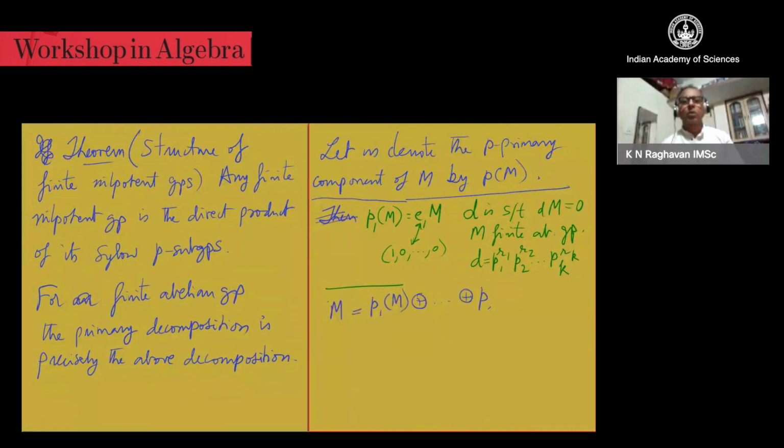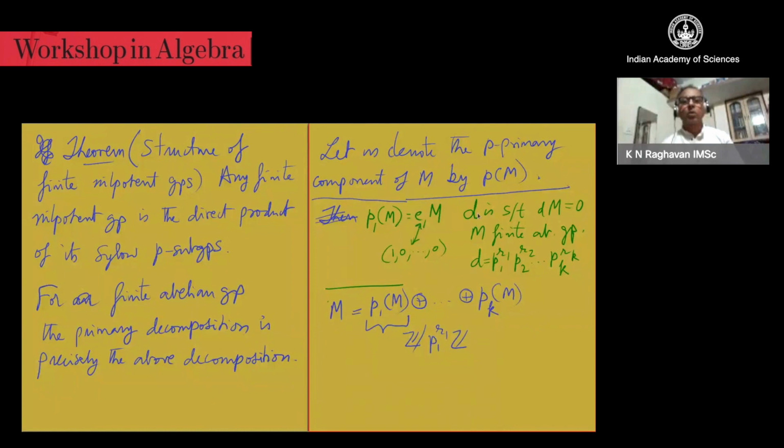Now what have we attained by doing this? Notice that this is a module over Z mod P1 to the R1 Z. So to understand the structure of M, I'm reduced to understanding the structure of modules over Z mod P1 to the R1 Z, and so on, up to Z mod Pk to the Rk Z. So I can now assume that whatever I have here is scaled by P1 to the R1.